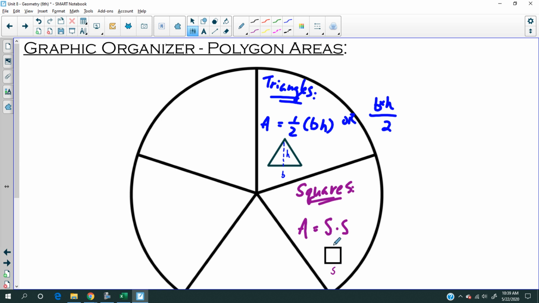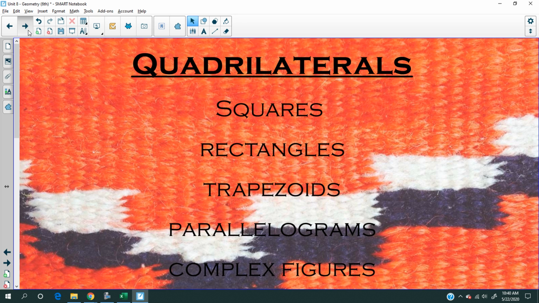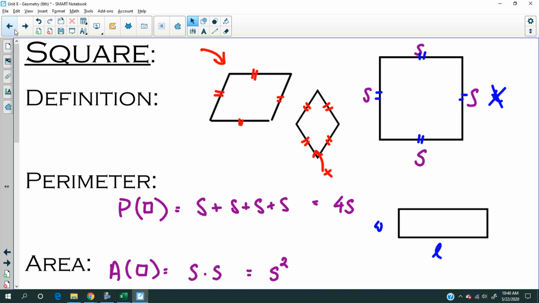Okay, and then we'll do the slashes. Okay, like that. All right, so side times side, and let's add one more thing, or S squared. All right, so that's 1. Okay, all right, so now we're 2 down. Okay, all right, so that's square.